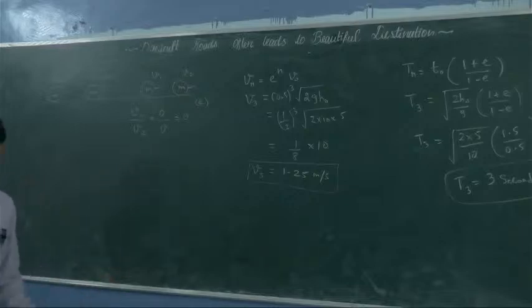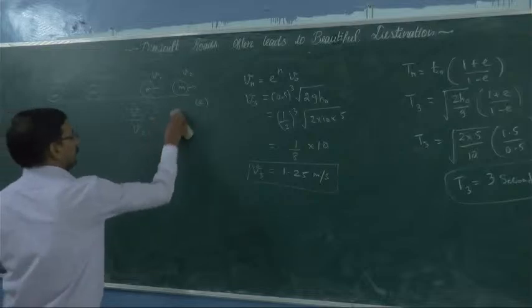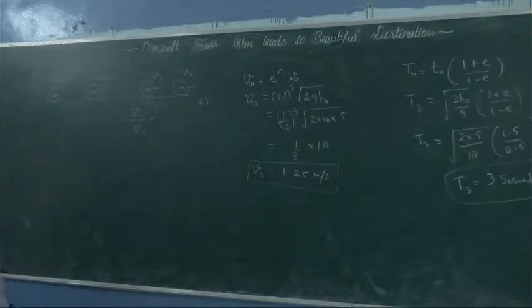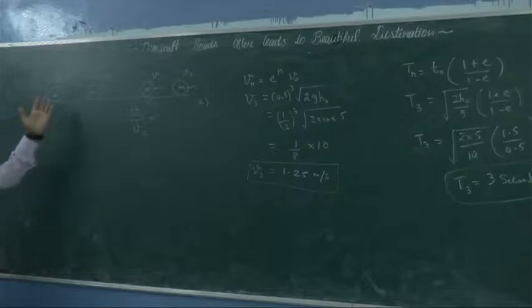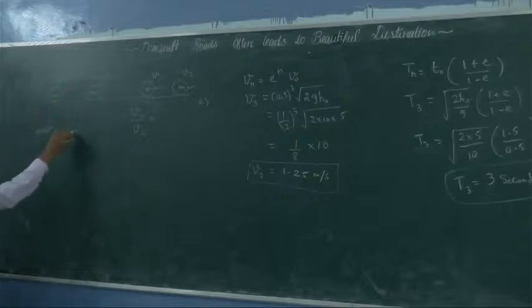So in this kind of situation, what do we do? We have to identify the v1 by v2 value in terms of the coefficient of restitution e. I am going to use the law of conservation of momentum before and after collision. Before collision the momentum is m into v, and the second ball's momentum is 0.